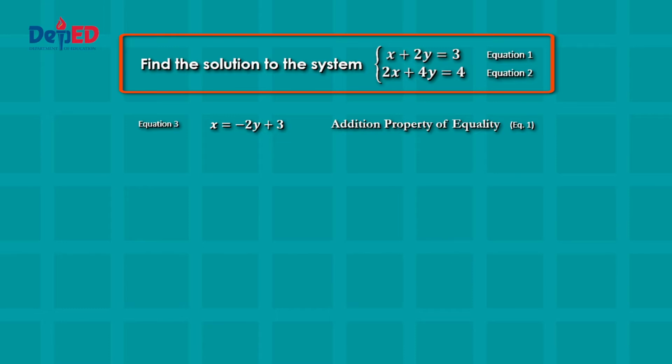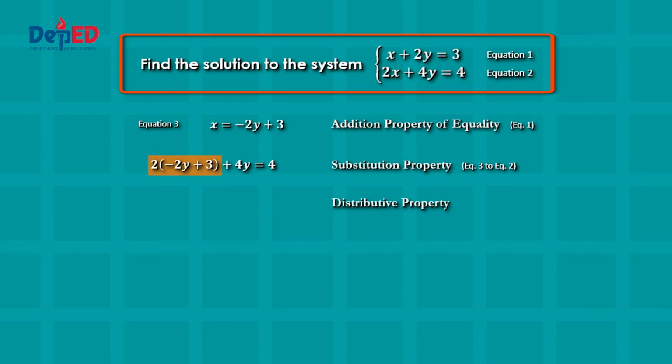Next is we substitute the resulting expression to the second equation as the value of x. 2x plus 4y equals 4 will become 2 times the quantity negative 2y plus 3 plus 4y is equal to 4. By the distributive property, we multiply 2 to each term in the parentheses. So we will have negative 4y plus 6 plus 4y equals 4.